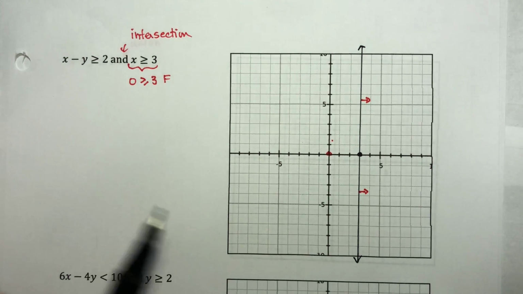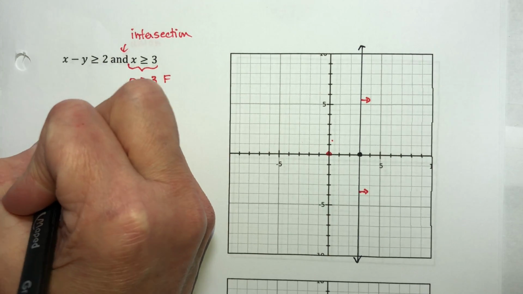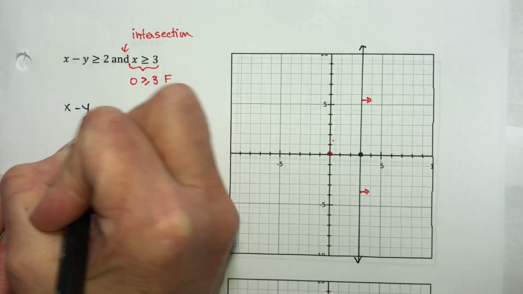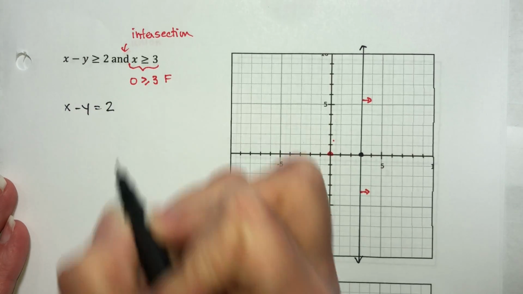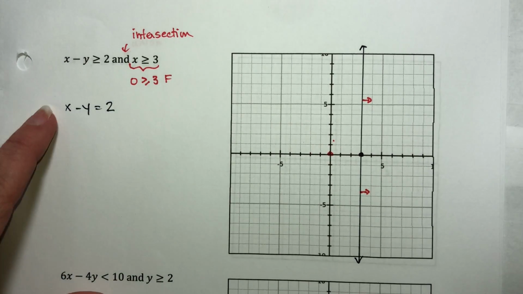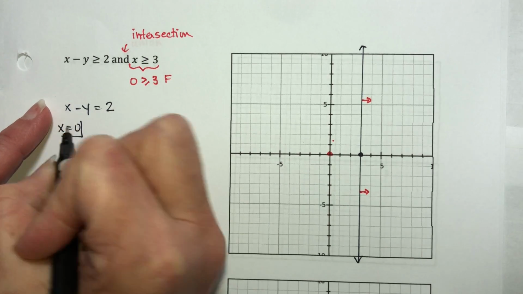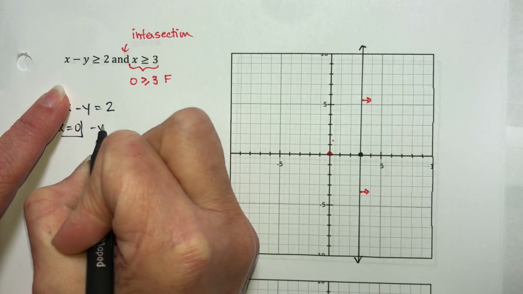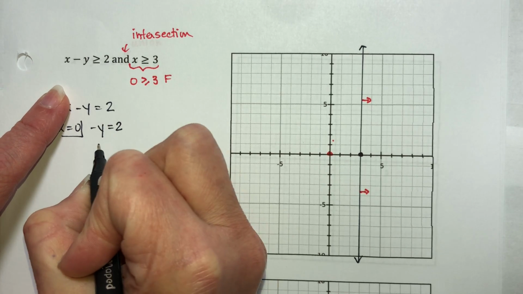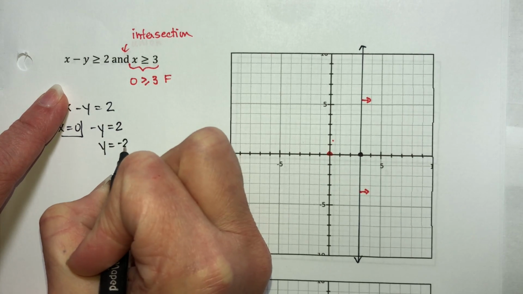Okay, so now let's go to this one. I want to pretend that I have x minus y is equal to 2. Okay, I can use intercepts for this. If x is 0, that goes away. I have negative y equals 2, so y equals negative 2.